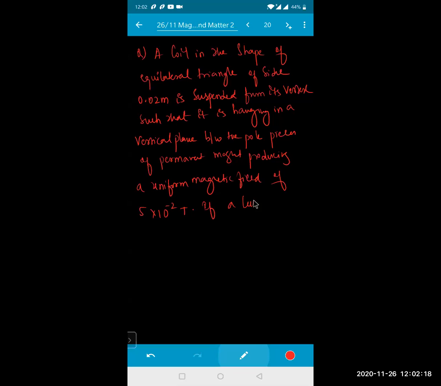If a current of 0.1 ampere is passed through the coil, the couple or torque acting is dash.